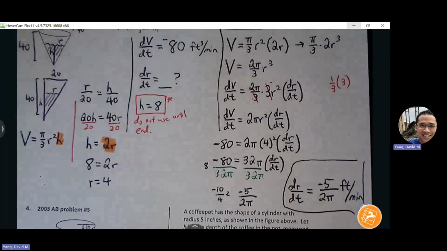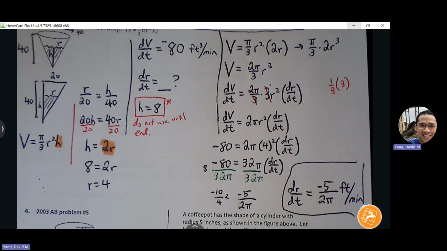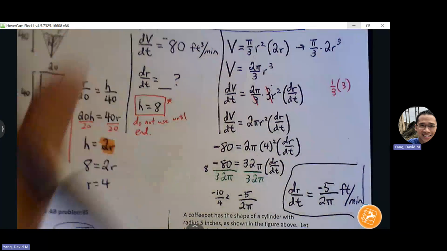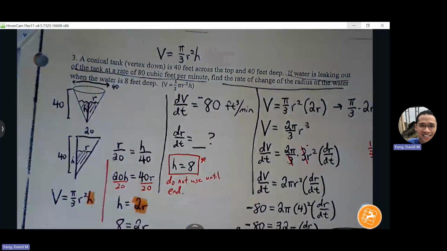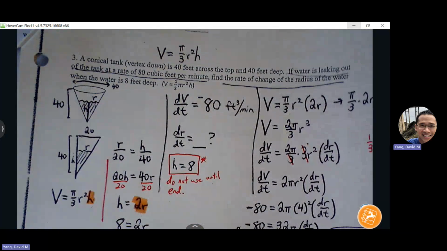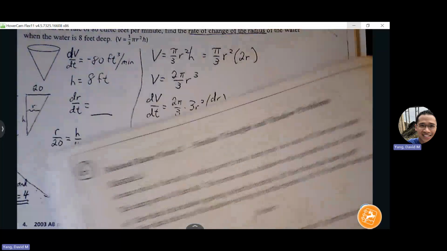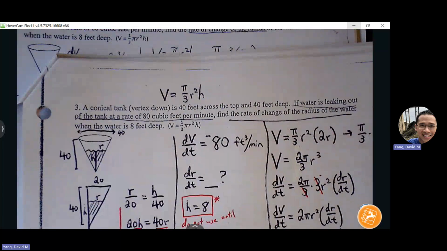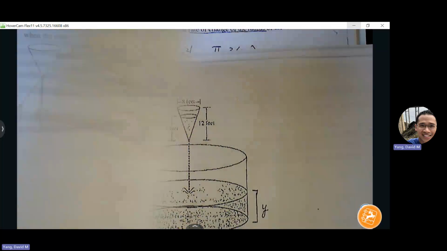So I think this is the most intensive in terms of steps. We'll do this again in class, and we didn't finish the problem before it either.